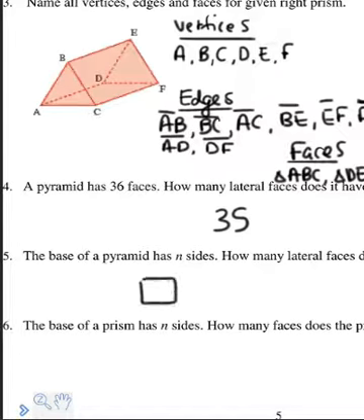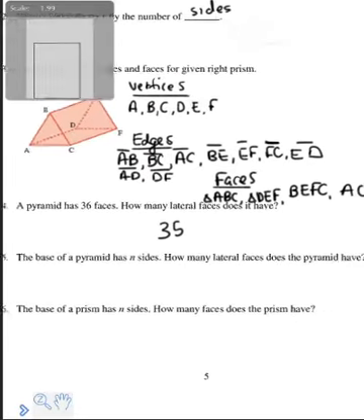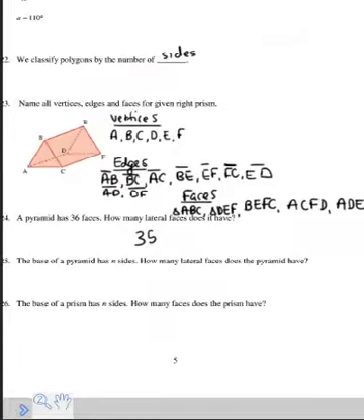Then it's going to have these triangles coming out, and those triangles would be folded up to form the pyramid. So if the base was a square, it had four sides, that means it had four lateral faces. And that would be true of any base polygon for a pyramid. The number of sides of the base, n in this case, is equal to the number of lateral faces, so n lateral faces.